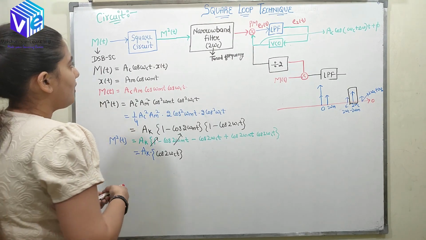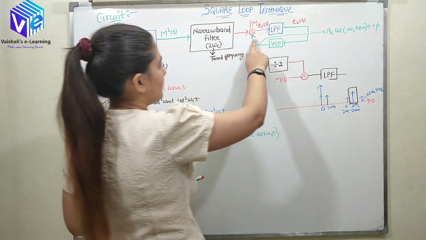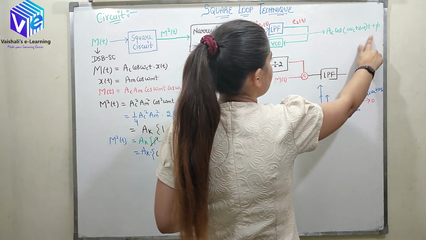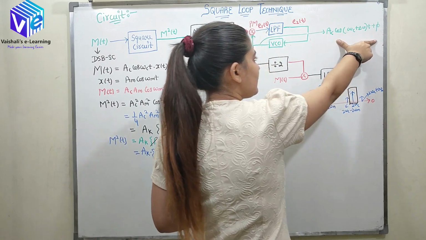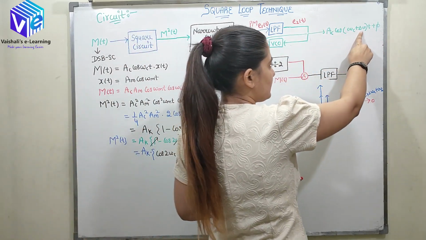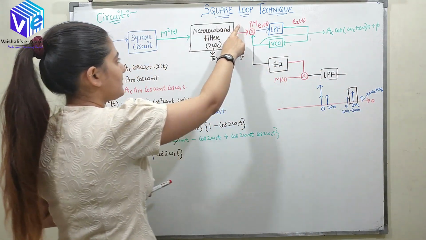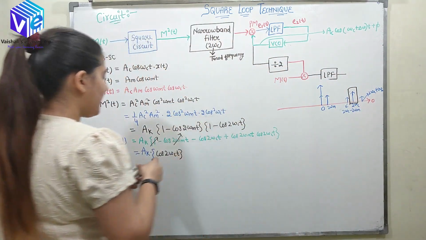Now after that what happens? I have the voltage controlled oscillator which is generating this signal. This is the locally generated carrier with the frequency error and the phase error, which is multiplied to the signal which is passed after the narrow band filter.